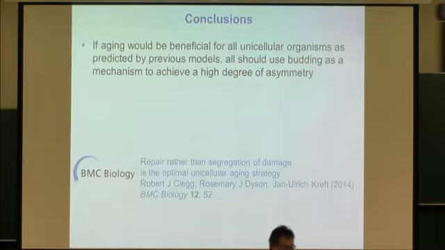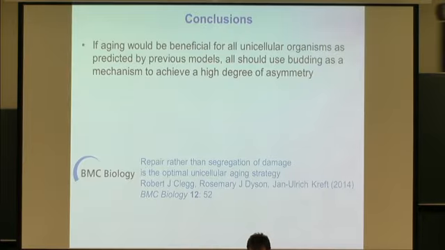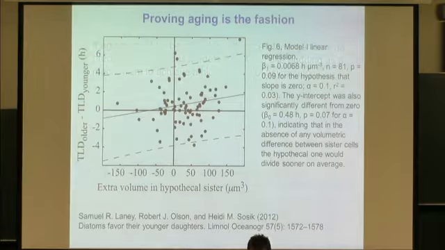Okay, so this is just the little bit of science I wanted to present today to give you an example of different models producing totally different predictions, and the models without growth, without repair, making very different predictions.